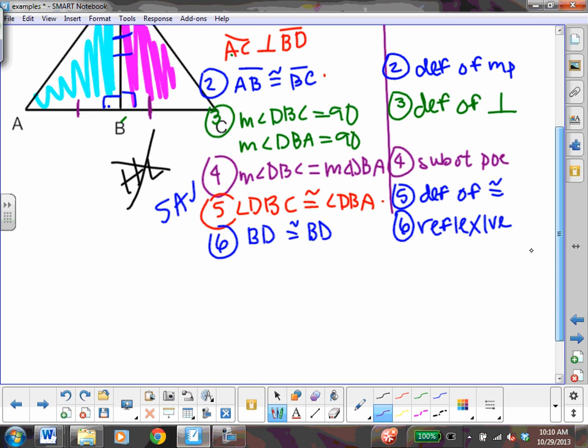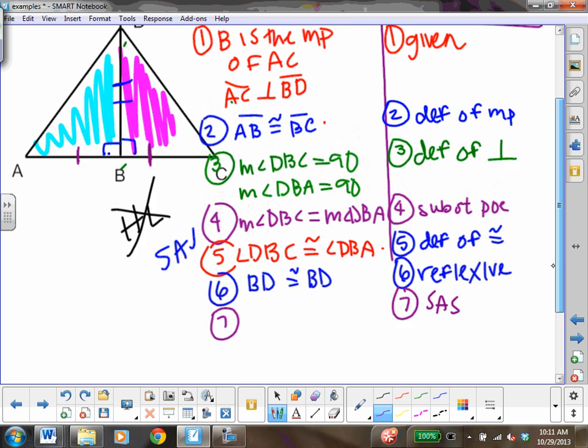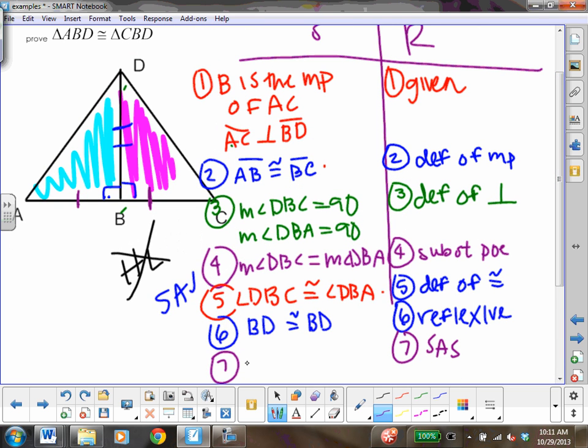So now that I have all three parts, I can say that the triangles are congruent because of side angle side. Triangle ABD is congruent to triangle CBD.